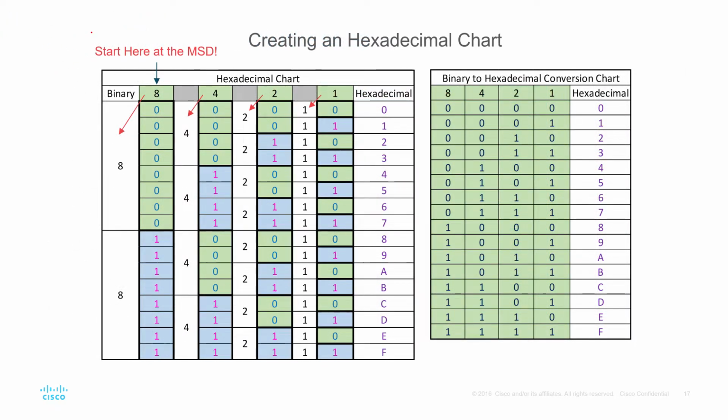To create a hexadecimal chart, it is very easy if you understand first the binary. Here we can see I have 4 columns, 1, 2, 4, and 8, the positional weights of the first 4 columns in a binary number.